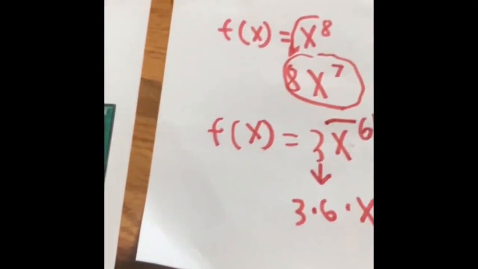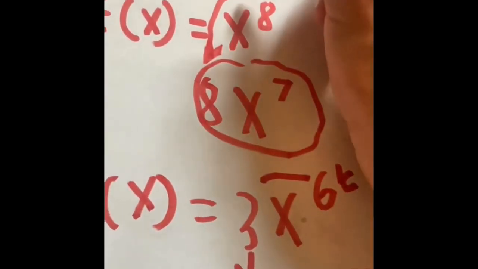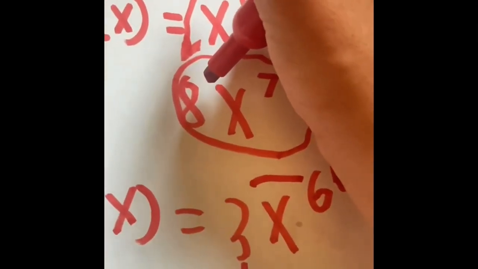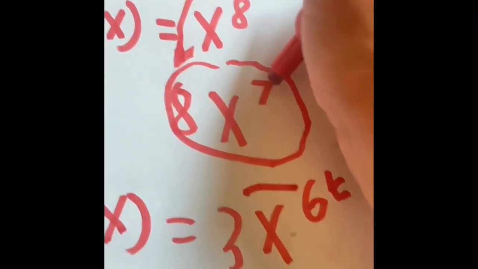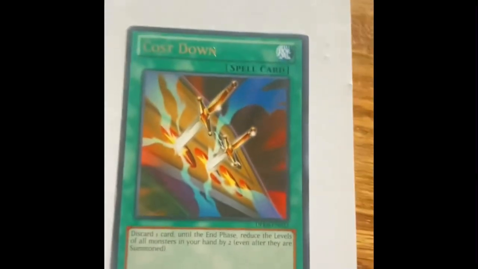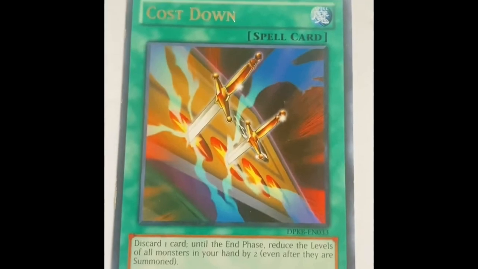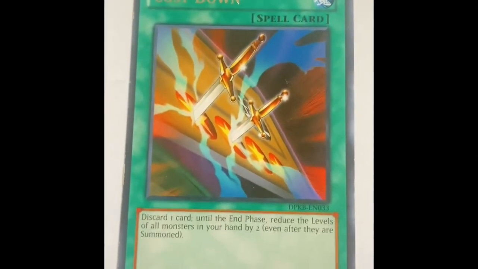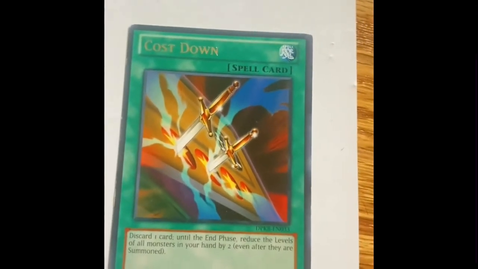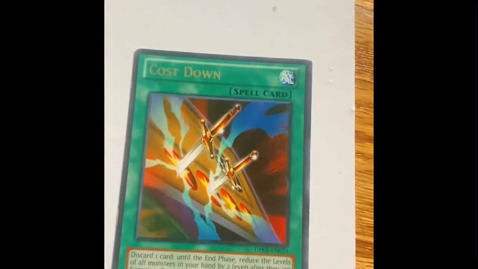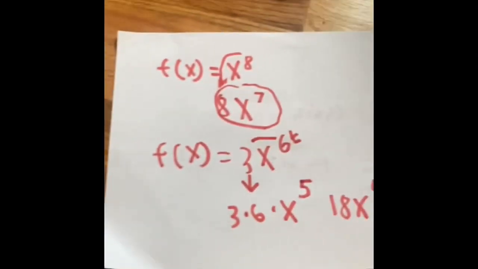That reminds me that we had to put that 8 down here. That could act like discarding your card to your end phase. Then lowering that level a bit is the second part of the card. That is useful when your monster's powers and your levels are too high. And that can be an example of a derivative.